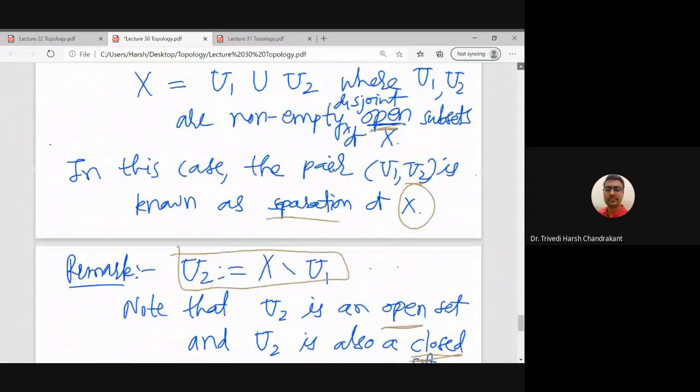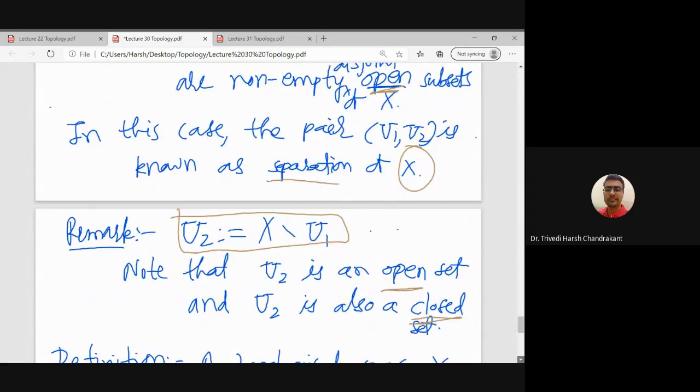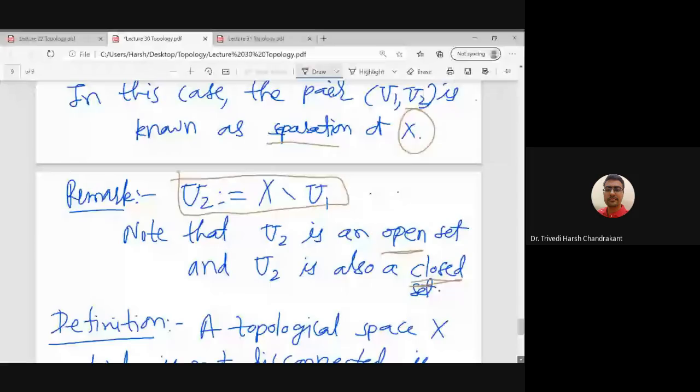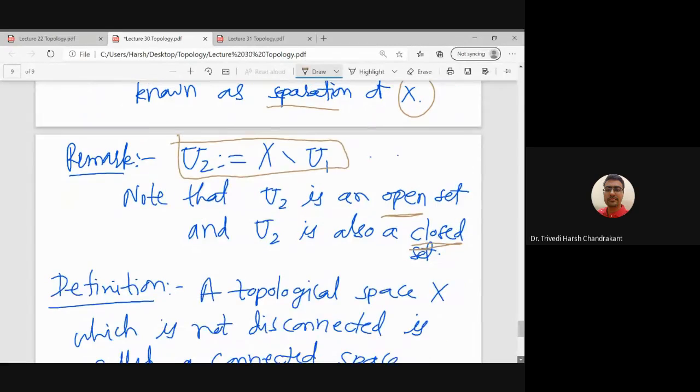So whenever we have a separation U1, U2 of a given topological space X, both U1 and U2 are open sets as well as closed sets. It is quite confusing how a set can be open as well as closed, so we will see some examples in today's lecture.